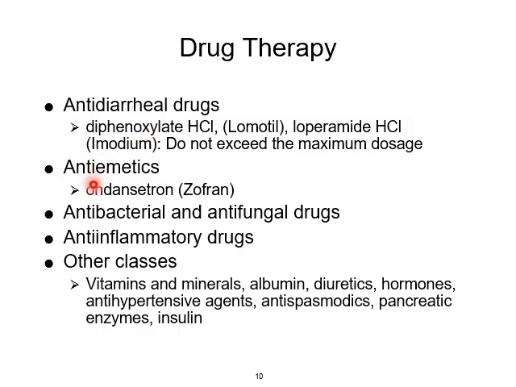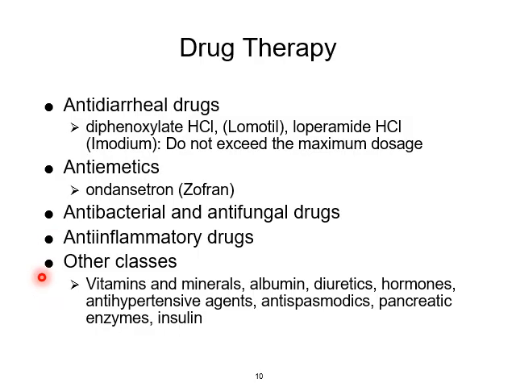Antiemetics can help with nausea and vomiting, and ondansetron or Zofran is the most common antiemetic that we would use. Antibacterial, antifungal and anti-inflammatory, if there's an infection and inflammation going on.